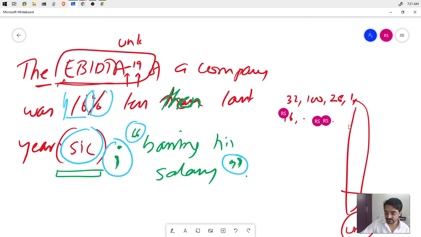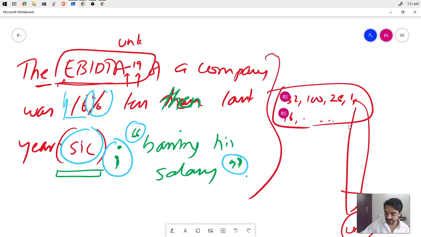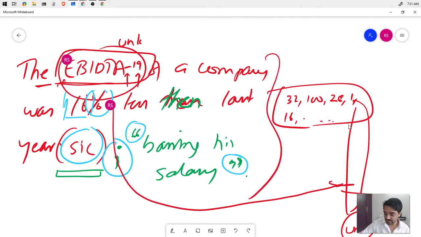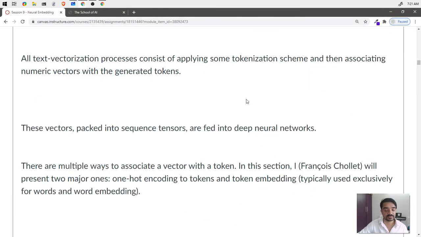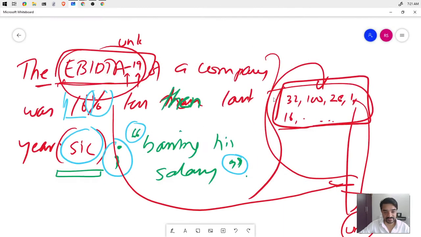You get the idea, right? So we take our sentence and look up each word in our dictionary, and we punch that number into our vector. So this is what we feed to our deep neural network, right? We don't feed text, we feed the numbers representing those texts. Now these vectors are packed into a sequence tensor, and this becomes one specific tensor, right?